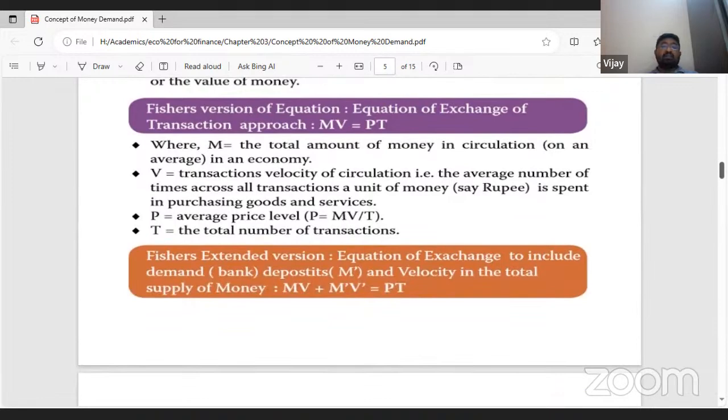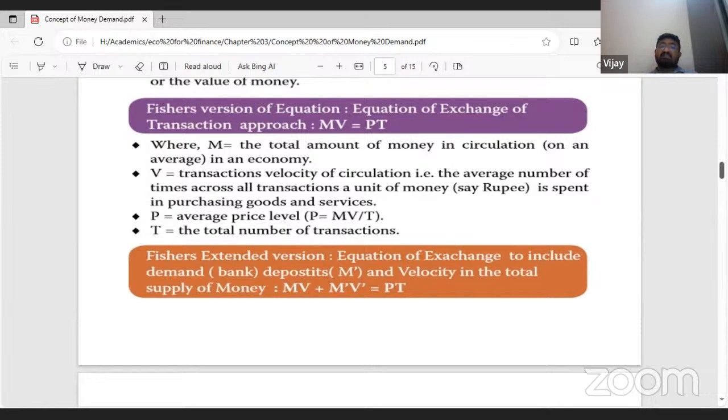In addition to that, I will not only use the currency notes, I will also use the bank deposits. That is what we call M dash, or the card.